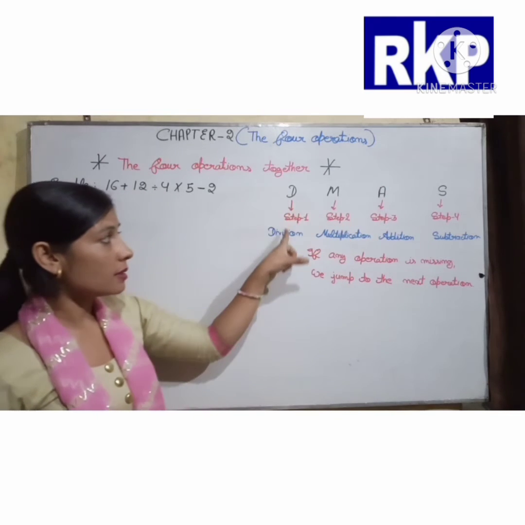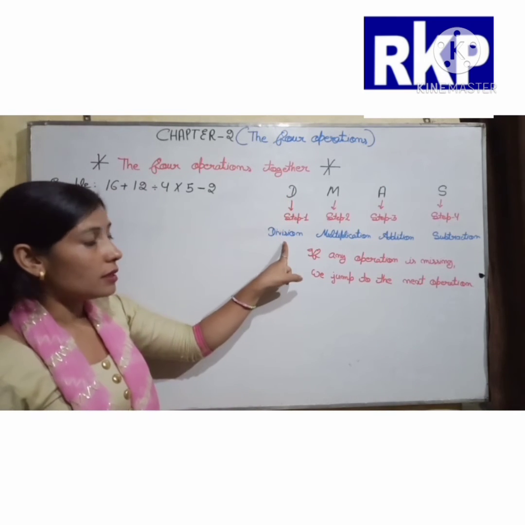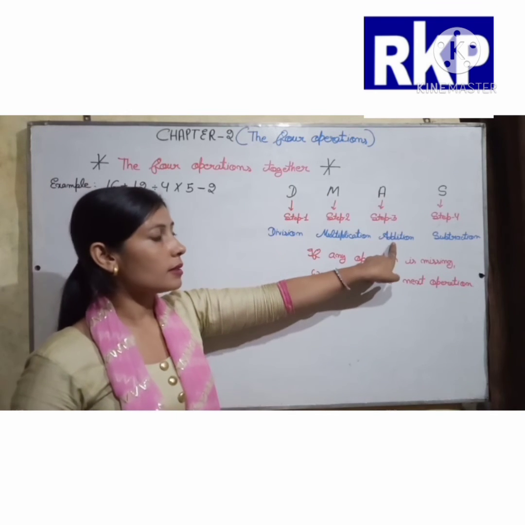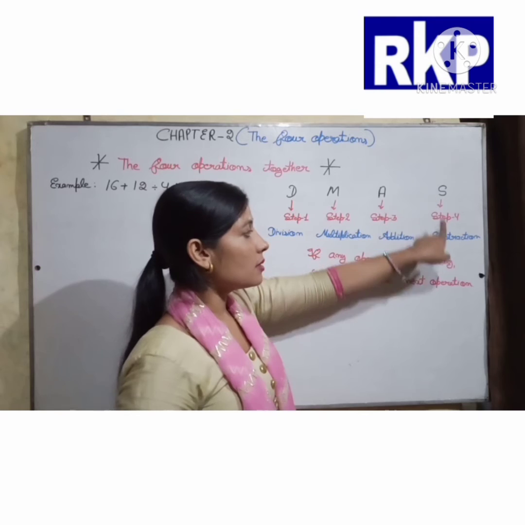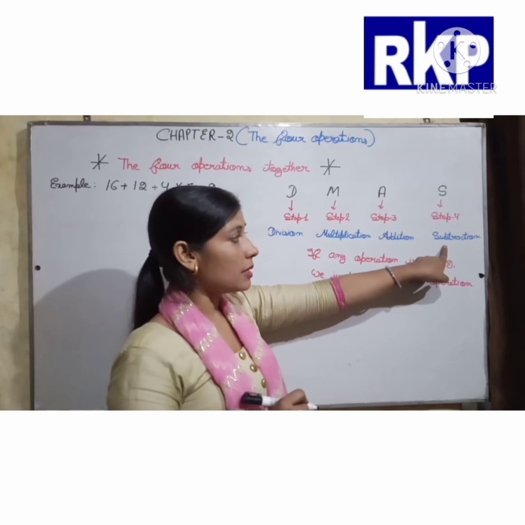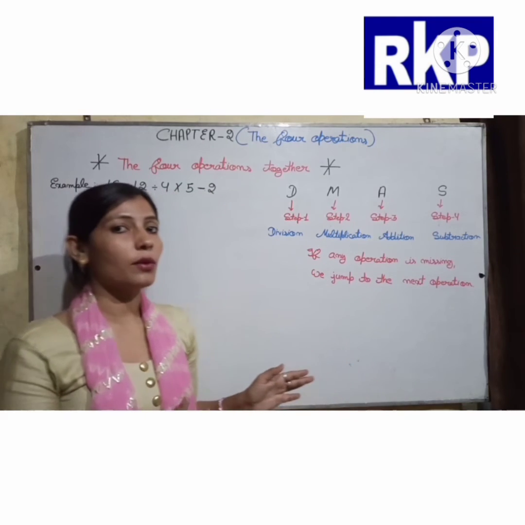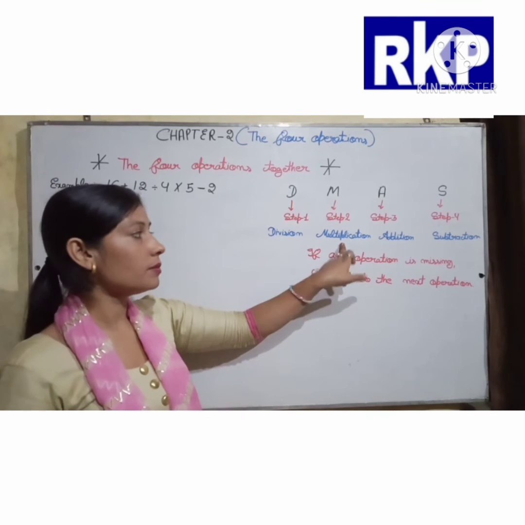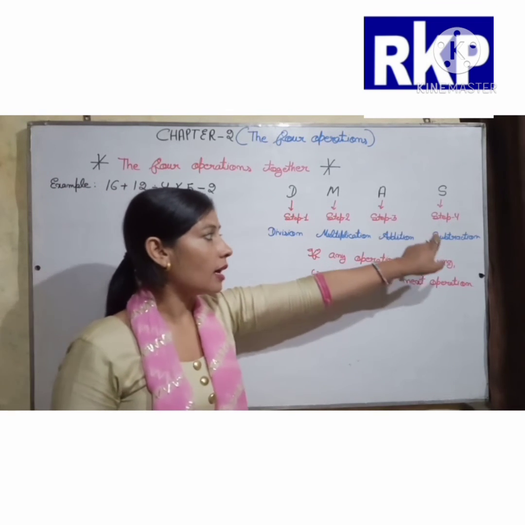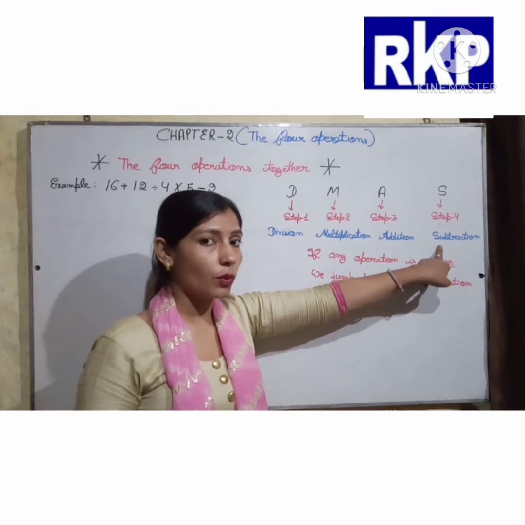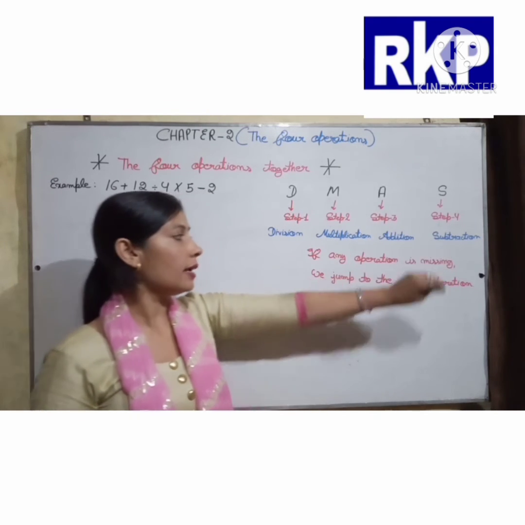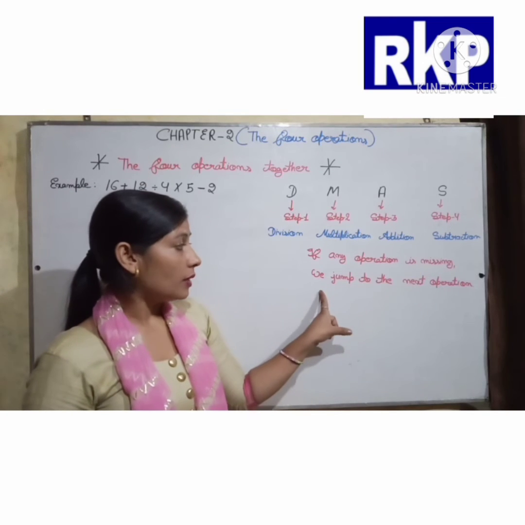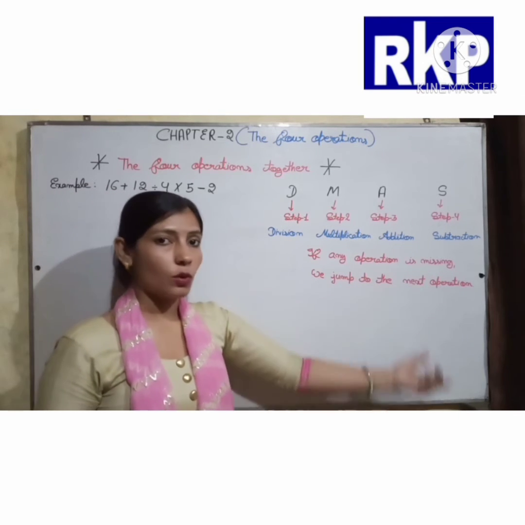Okay, means D means division, M means multiplication, A means addition, S means subtraction. It means first of all we have to solve division, then multiplication, then addition, and after that we have to solve subtraction. Okay, and if any operation is missing, then we jump to the next operation.